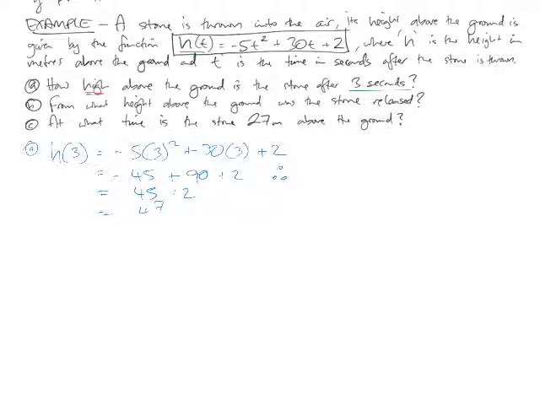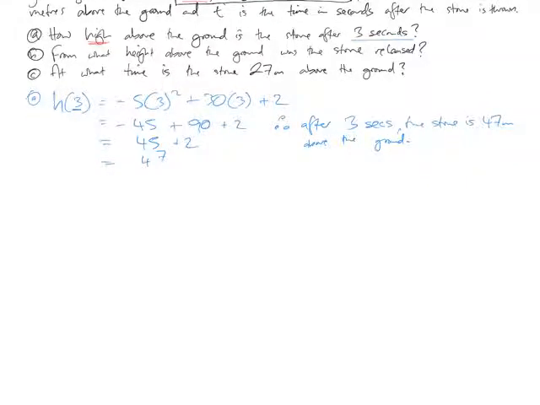Therefore, after 3 seconds, the stone is 47 meters above the ground. So like we showed in the previous video, questions where you're given the unknown are easy because all you do is find the function given that. You find h of 3 in this example here.